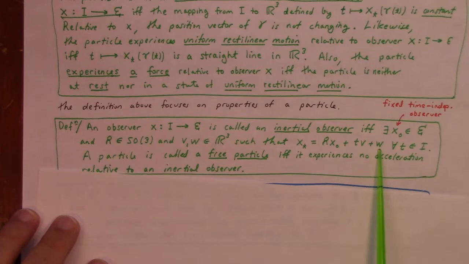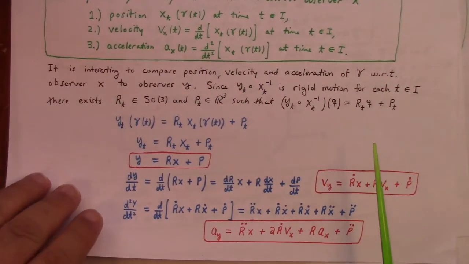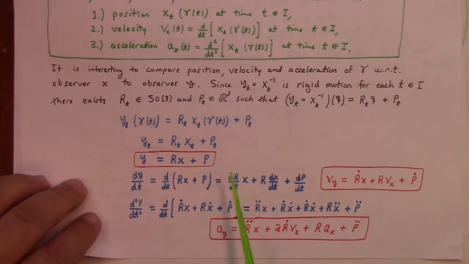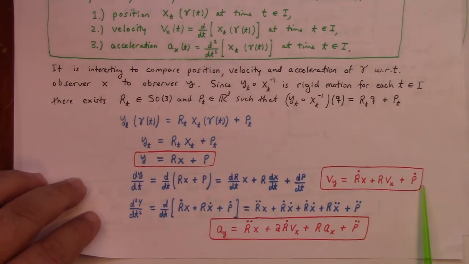So, let's see here, how can I say this? To get an inertial observer, if x is an inertial observer, and you want y to also be an inertial observer, you need that R dot is 0. All right. You need that the rotation matrix in question is not changing, and you need that p double dot is 0.